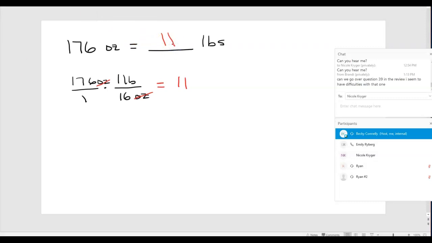All right, let's do another one here. Let's try doing 56 inches equals how many yards?